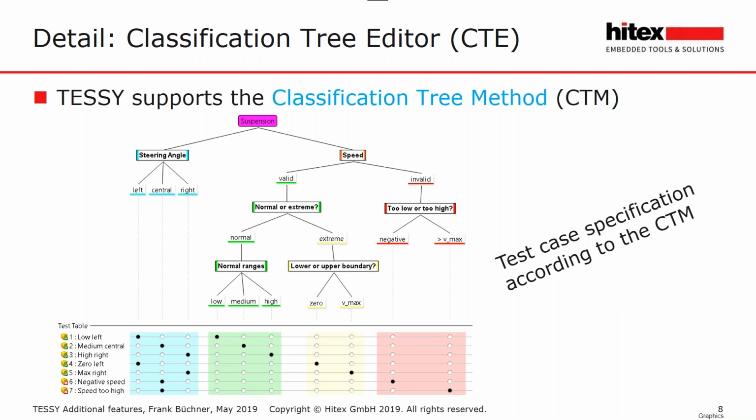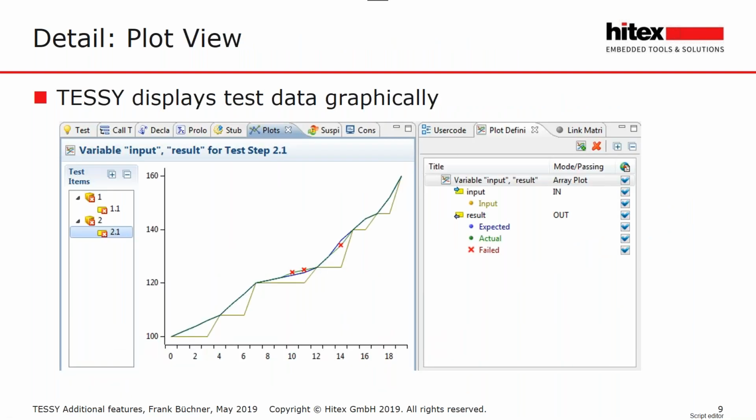Tessie is also able to display test data graphically. We see here a graphical display of 20 test cases. The input is given on this page. It's a step curve here, and you see the output.